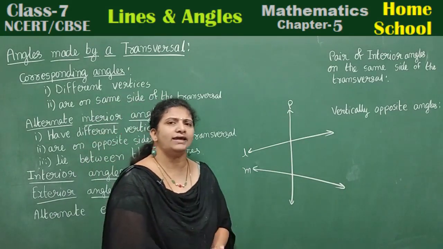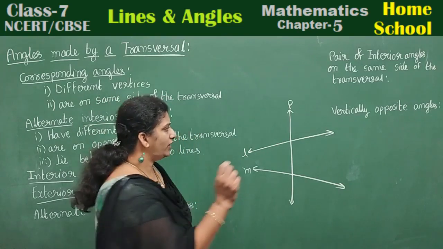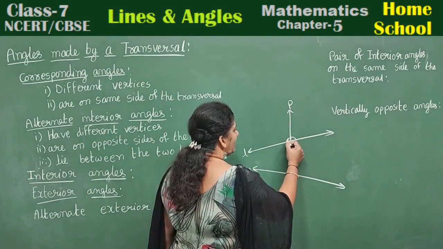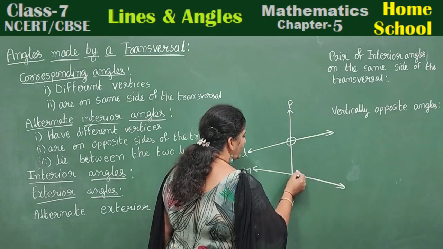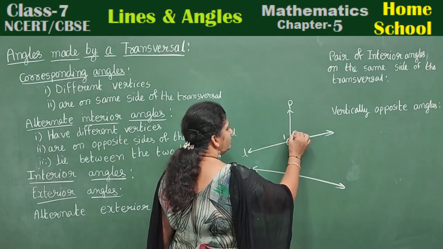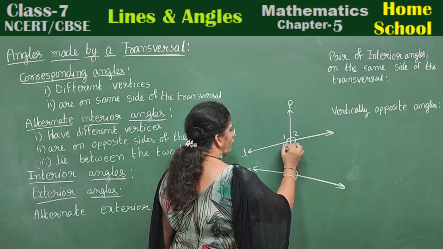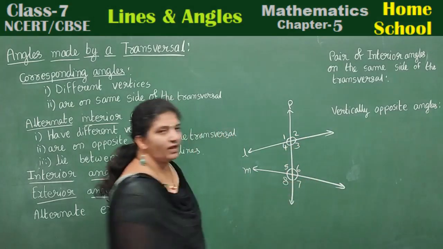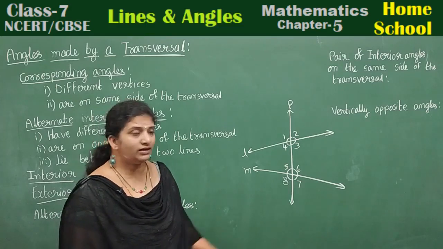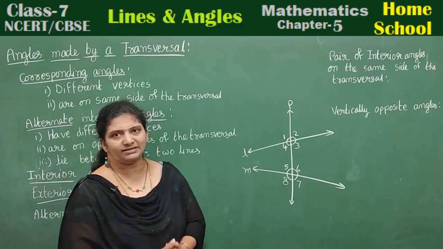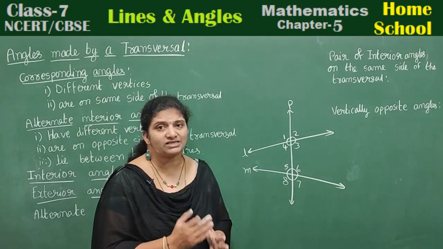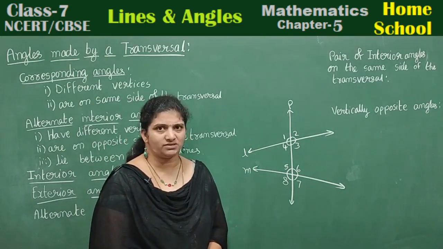Now, what are all the angles it is creating? Look here, this transversal will create 8 angles. Look here carefully: 1, 2, 3, 4, 5, 6, 7, 8. A transversal creates 8 angles, and these angles we are going to classify with different names.